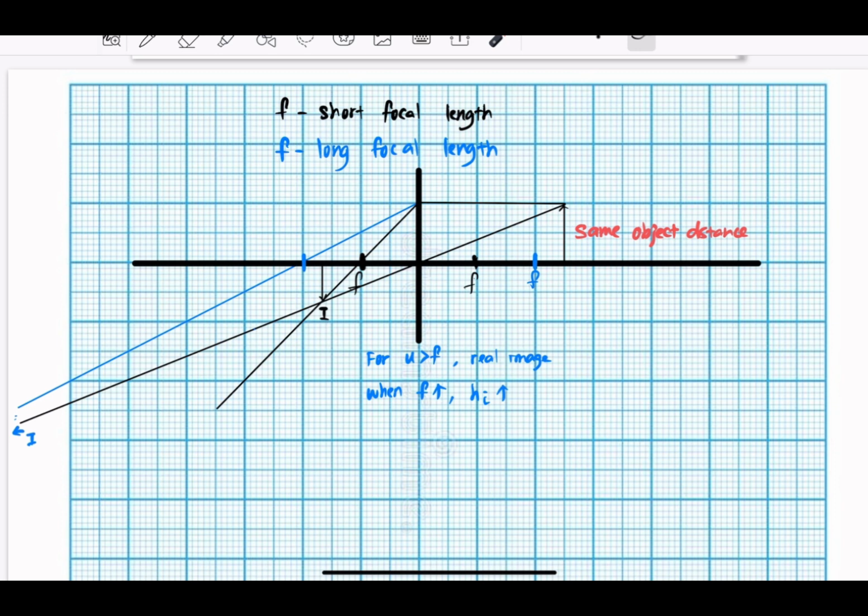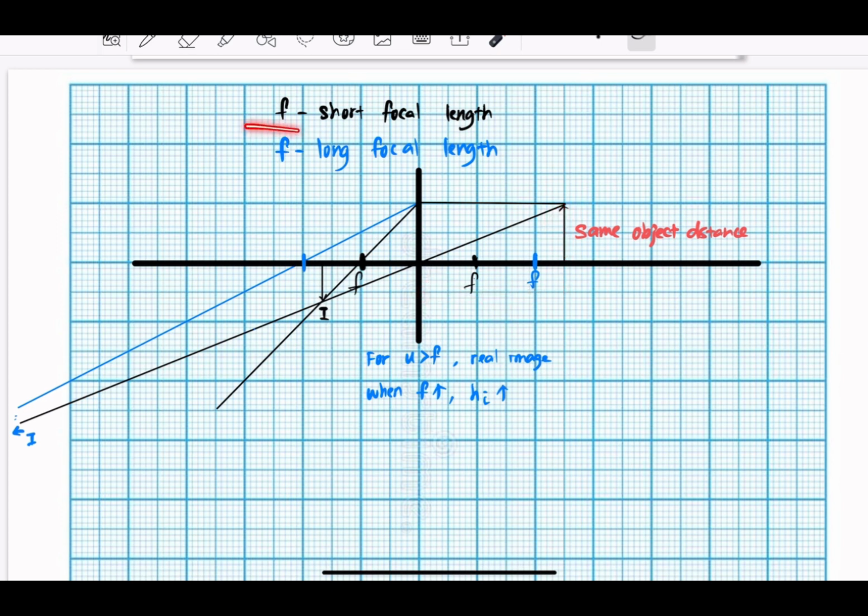Okay, this is the ray diagram for the question. When the focal length increases, the size of the image will increase. Let's say we have two different types of convex lens. The black color is the lens with the shorter focal length, and the blue color is the longer focal length. Here is our object, and this is the object distance.